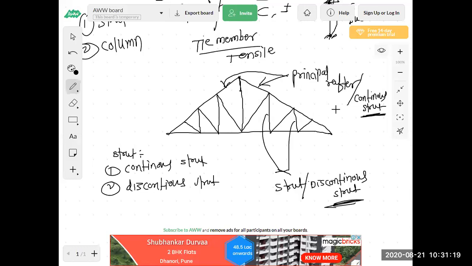Whatever I have told you, please be patient and concentrate here. So this inclined member is the principal rafter, or we call it a continuous strut.